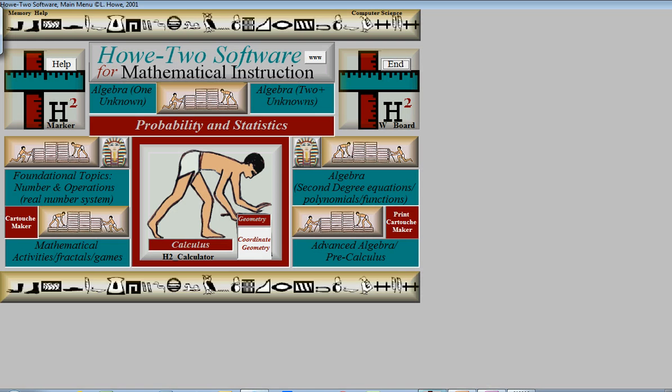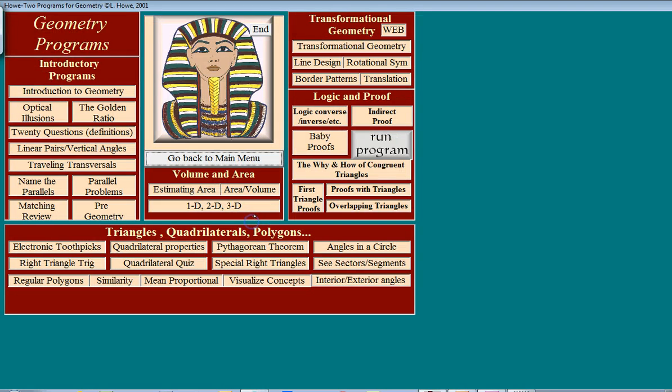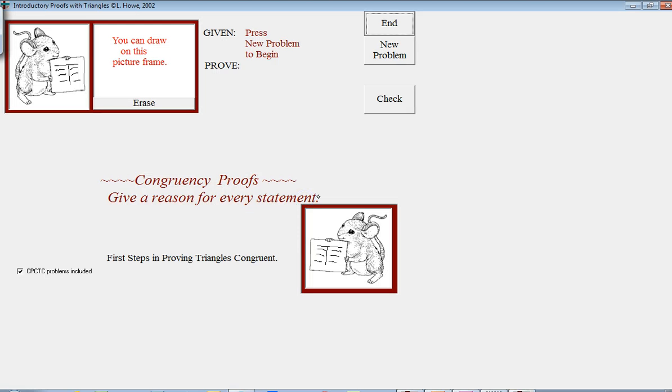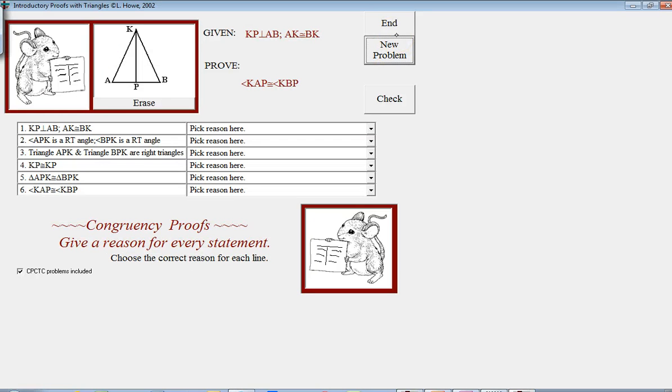Let's take a look at a how-to game that lets us look at some triangle proofs. We're going to go to the Introductory Proofs with Triangles game, and we're going to take a look, analyze this very busy page.